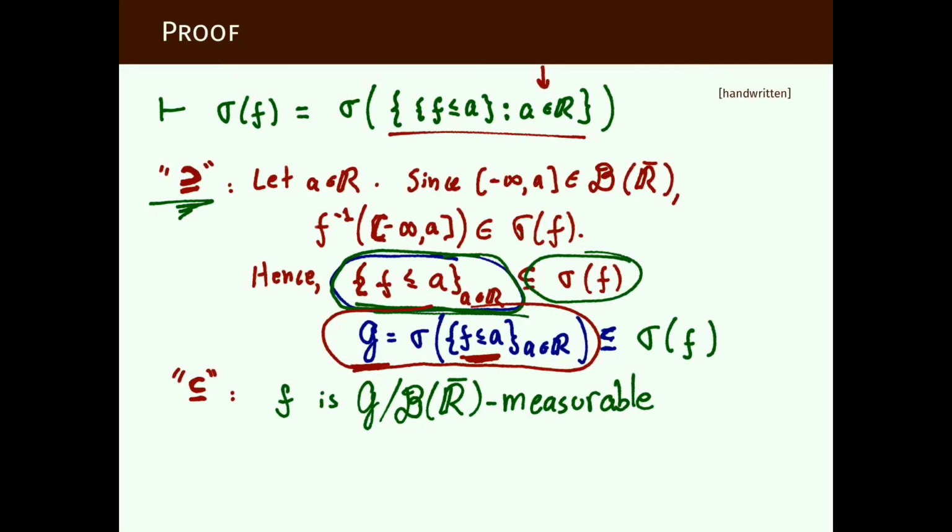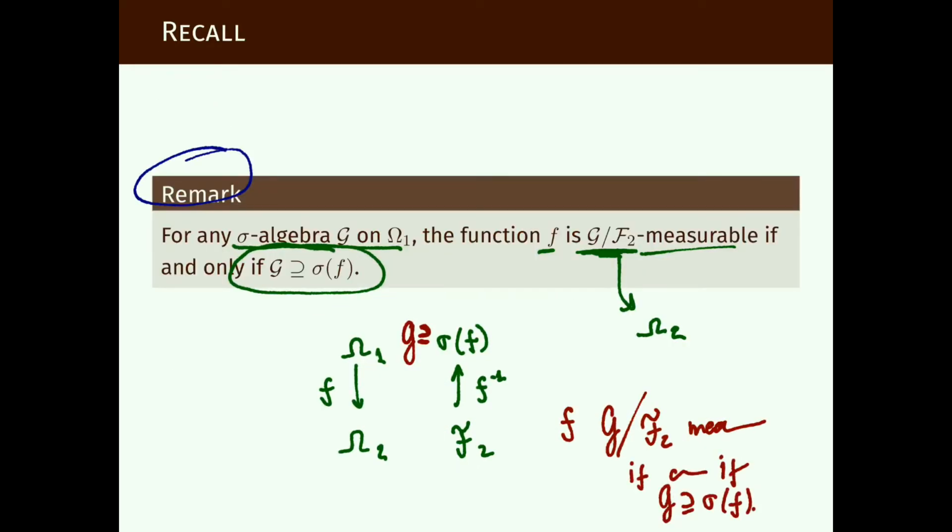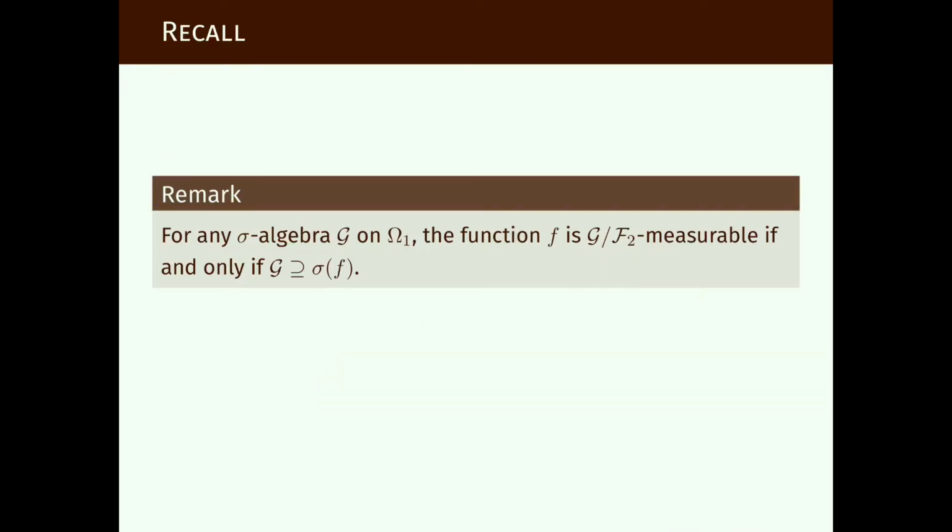And now the final piece to conclude the proof of the lemma. Let us go back here one slide. It will be this remark here, which says a function is measurable if and only if the sigma algebra of the source space G contains the sigma algebra generated by f.